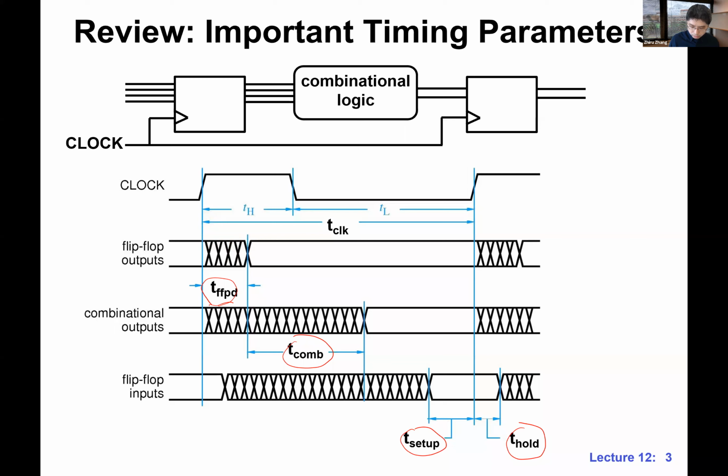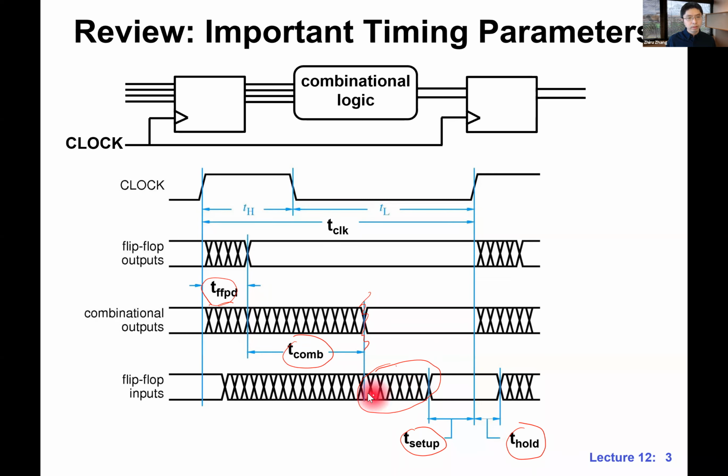And I remember there's a question about what exactly this gap is. It seems like we already have a stable, valid output from the combinational logic at this point. But why do we still have these crosses, these X's over here? Again, these just mean don't care because we don't really capture the input until we hit this so-called decision window.